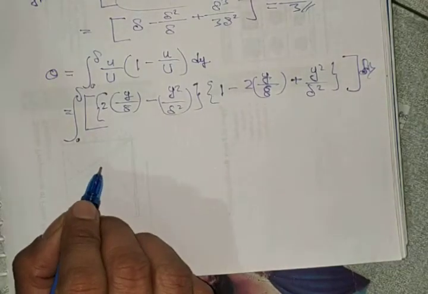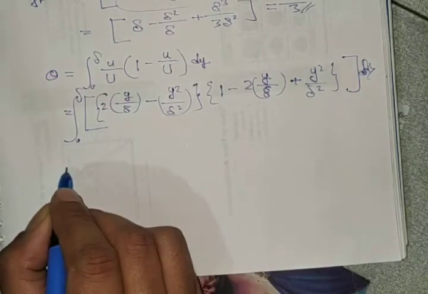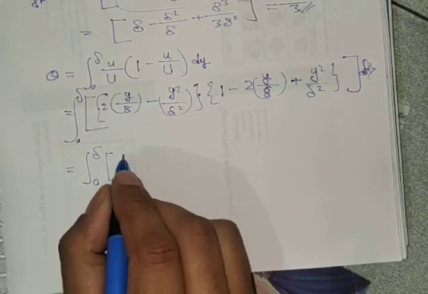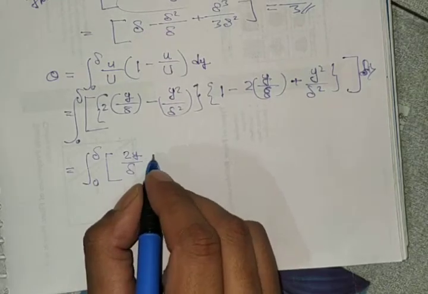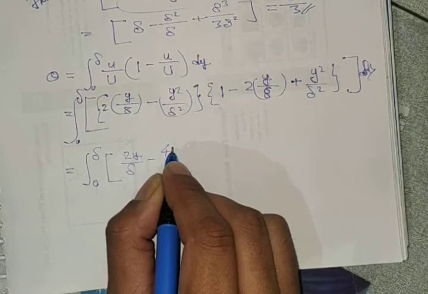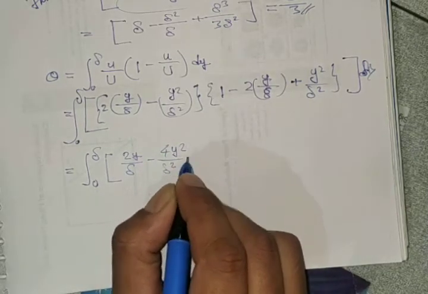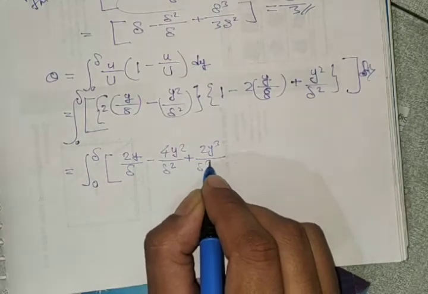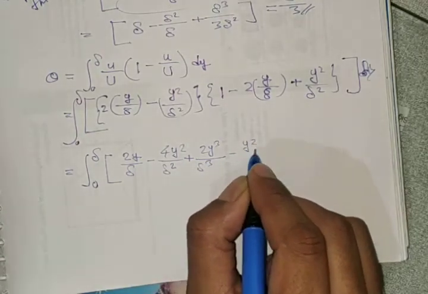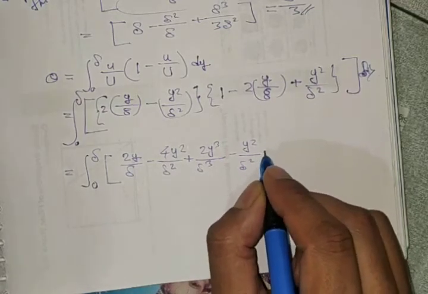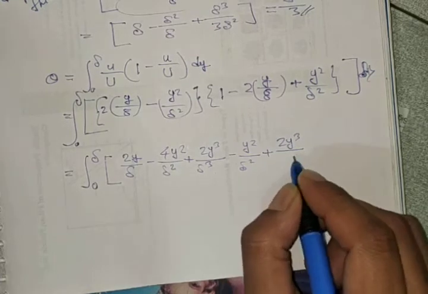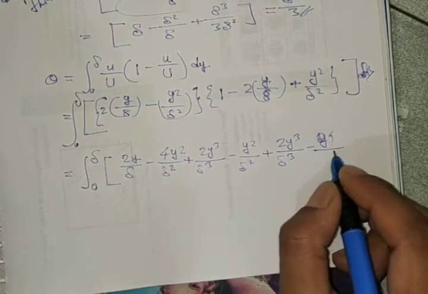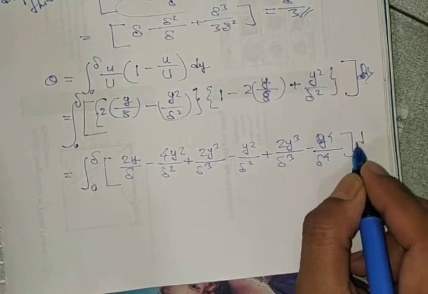So if you do the simplification, you will get integration of 0 to delta, and it will become 2 y by delta minus 4 y square by delta square plus 2 y cube by delta cube minus y square by delta square plus 2 y cube by delta cube minus y to the power 4 by delta to the power 4, bracket close, dy.